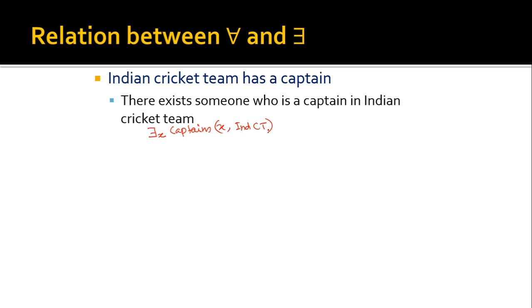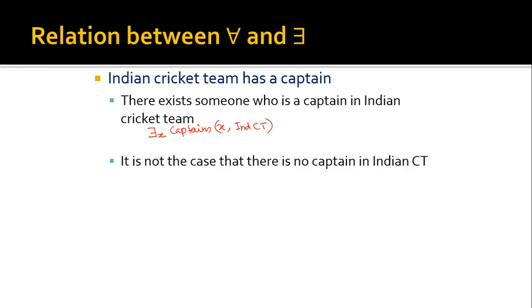Now, what is the second way? The second way is that it is not the case that there is no captain in the Indian cricket team. So no one captains the Indian cricket team, it is not that case. So let us first write captains Indian cricket team like we have written earlier.